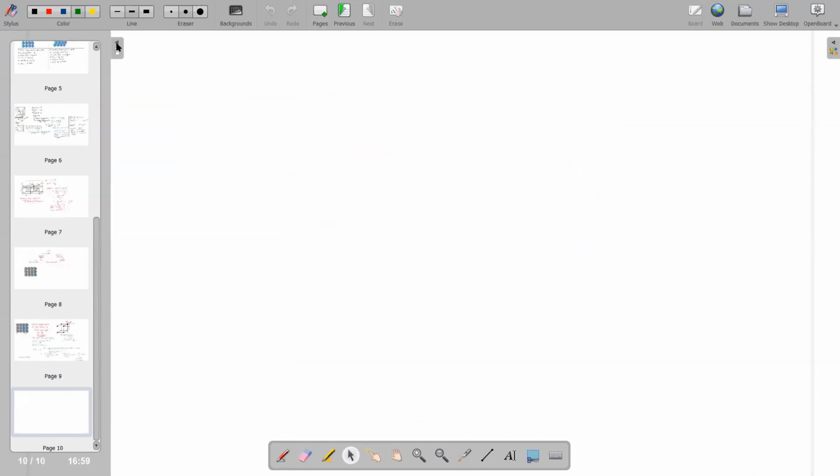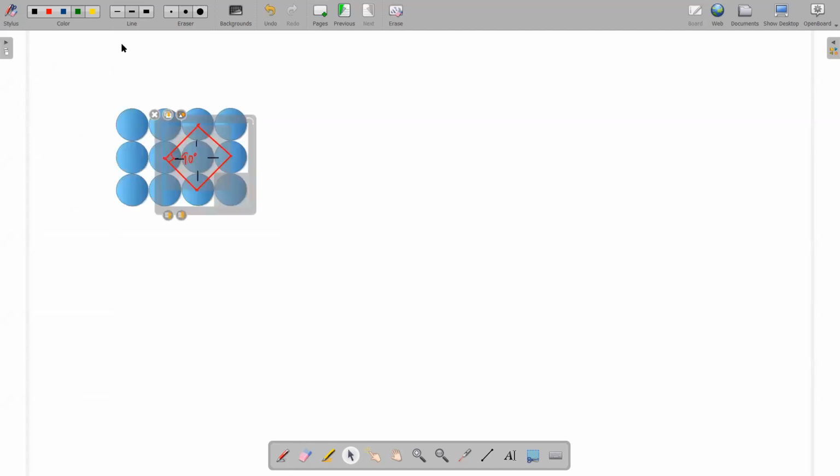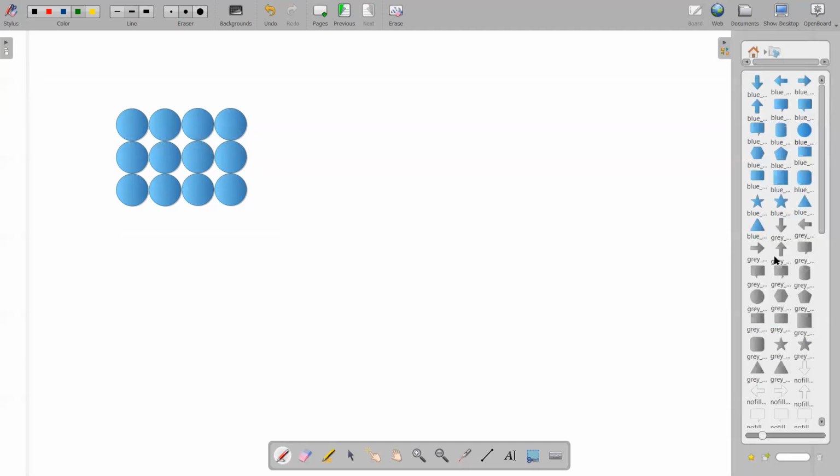For example, you have this particular structure. Let me just erase these things. Then you can start adding other atoms in the center here. Then you can add another here.